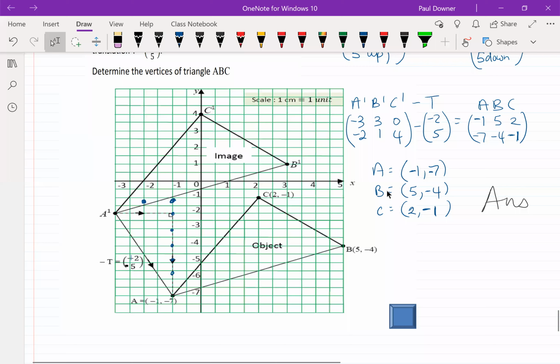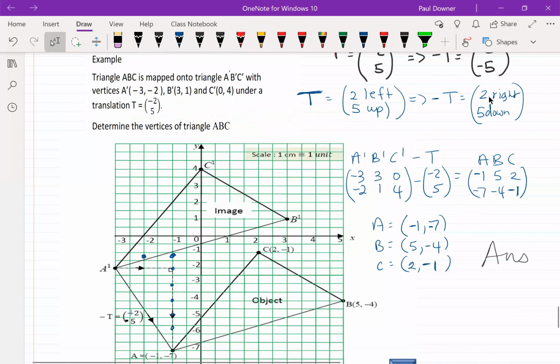Let's find B. To get to B, I need to start at B prime, and then I need to move according to the inverse translation vector, which is 2 to the right, 5 down. But remember, based on this scale, 2 to the right will be this: 1, 2. 5 down will be this: 1, 2, 3, 4, 5.